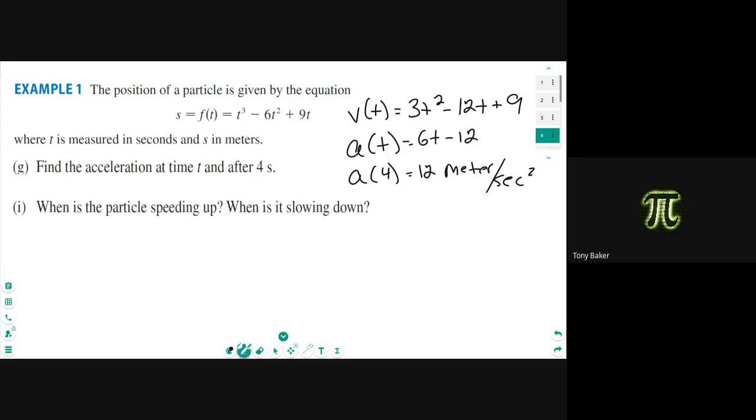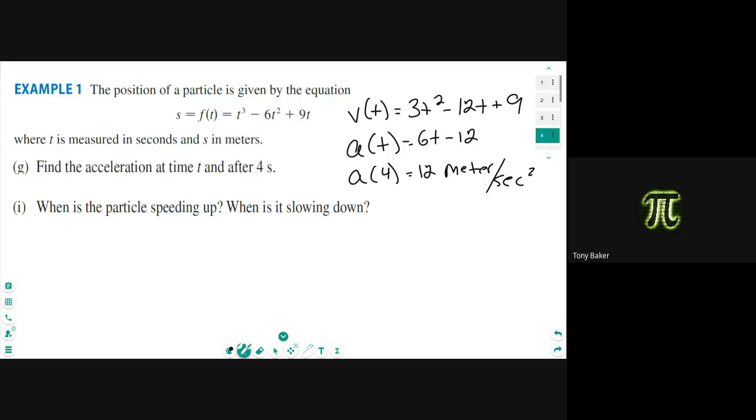Okay. So it says when a particle is speeding up or when it's slowing down, that means I need to look at my acceleration. What's going to be between those two places? What's going to be between it speeding up and slowing down? It's got to be zero at some point, right? So if we can find that point, we can figure out which side is which.